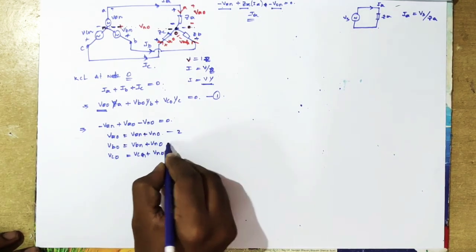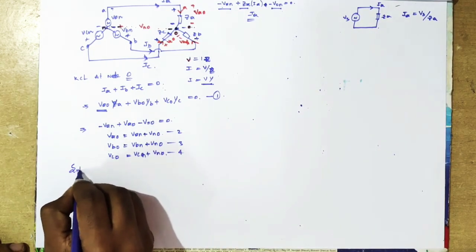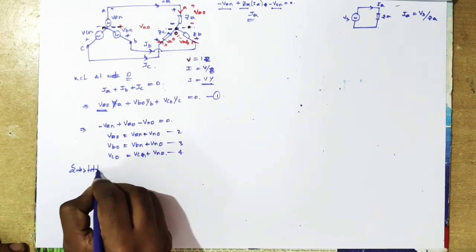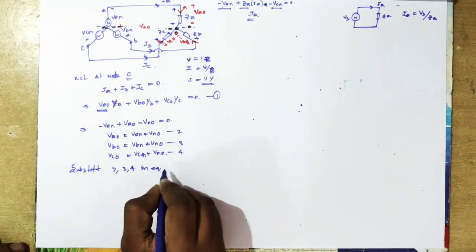So this is equation 2, equation 3, equation 4. Substitute 2, 3, 4 in equation 1.